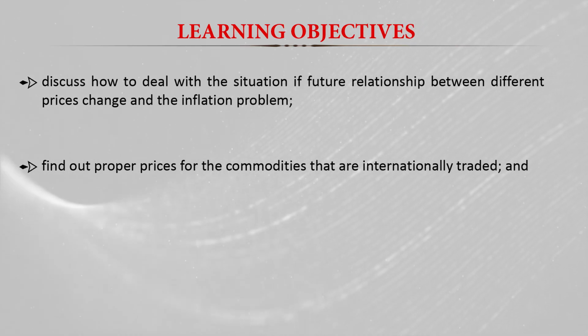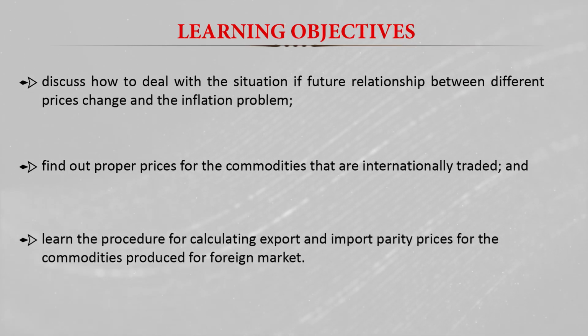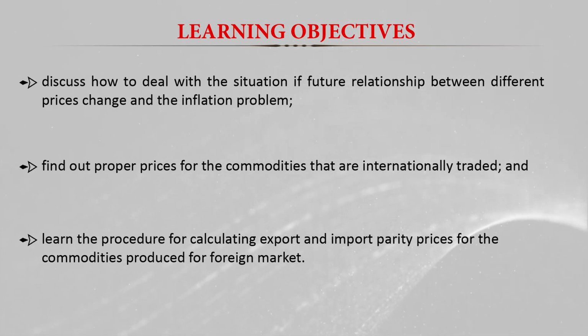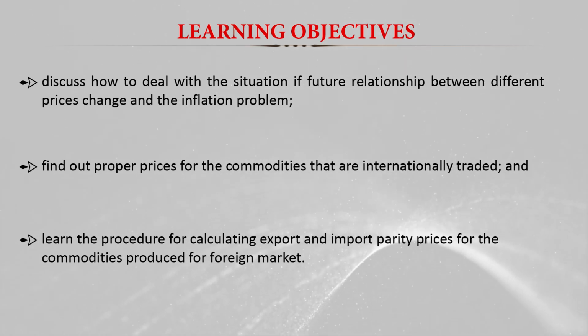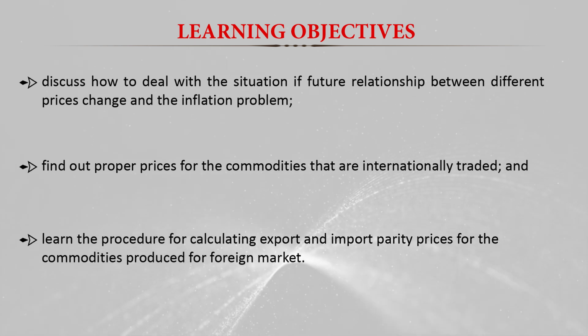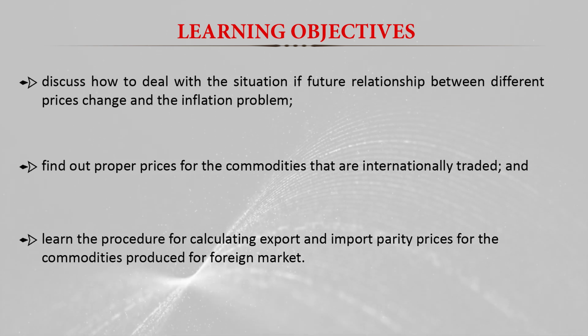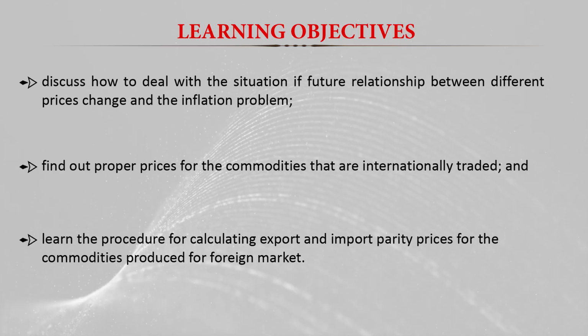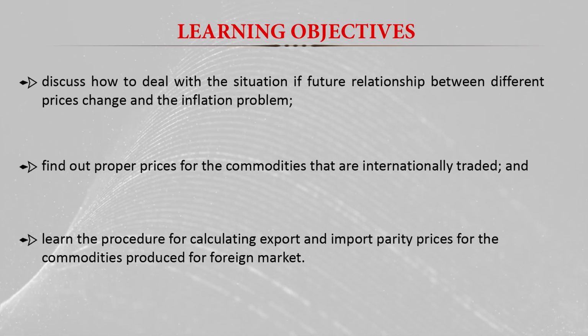We will also learn the procedure for calculating the export-import parity prices for commodities produced for the foreign market. Here we will discuss the concept of export-import prices and how to adjust the prices for these commodities.